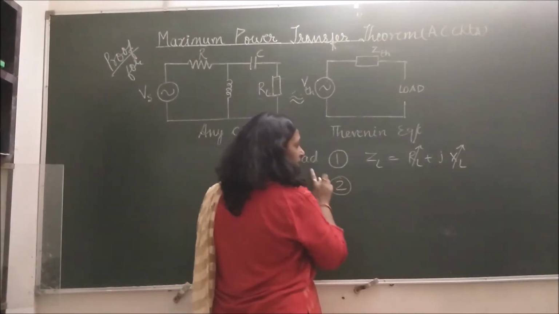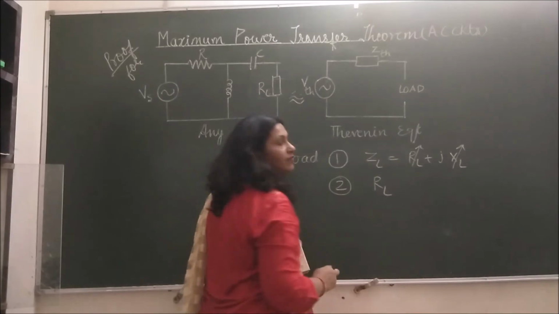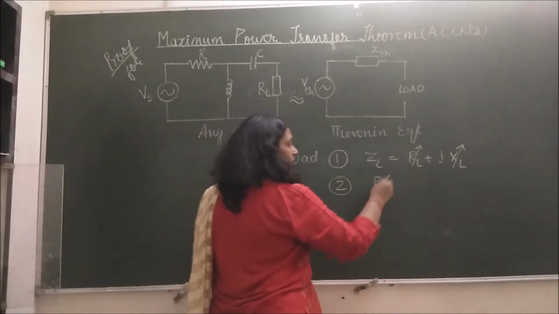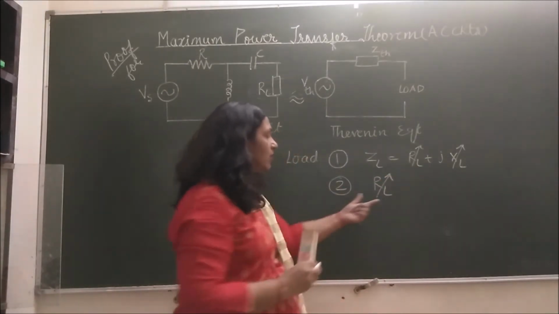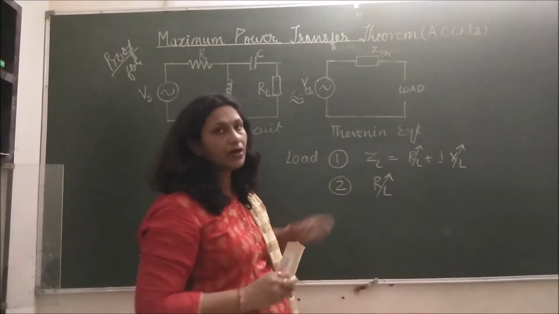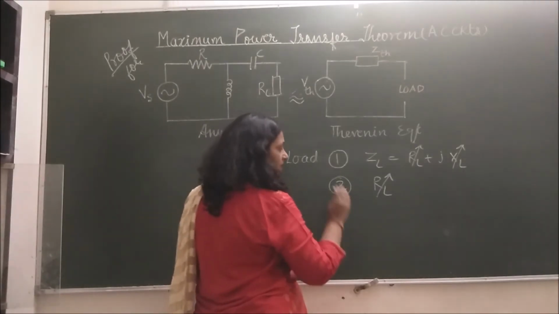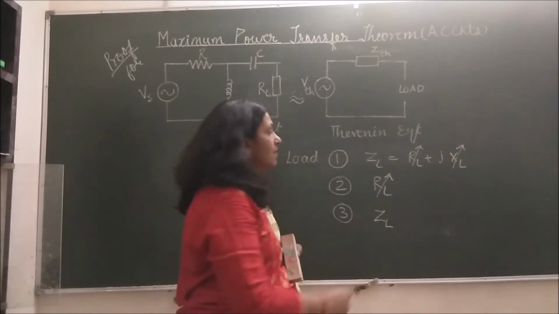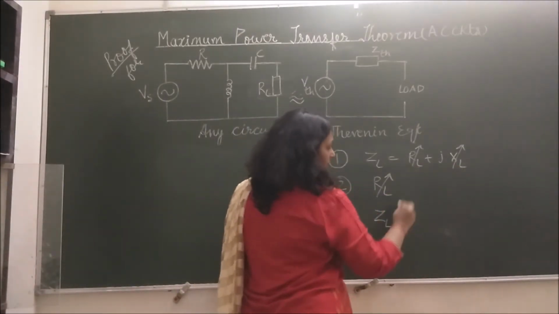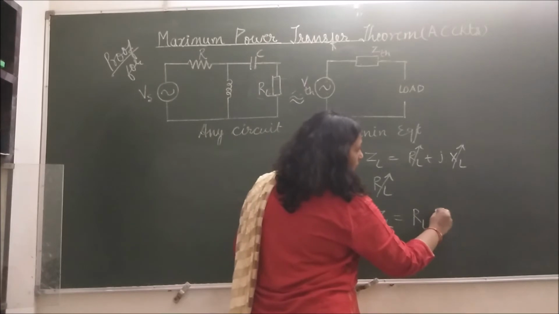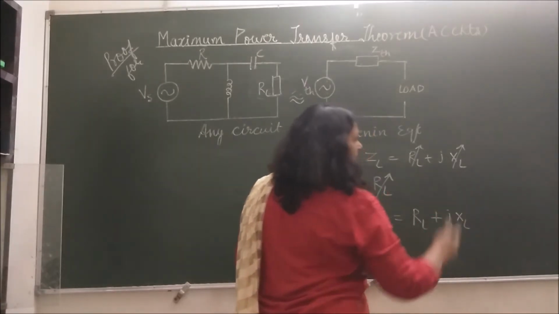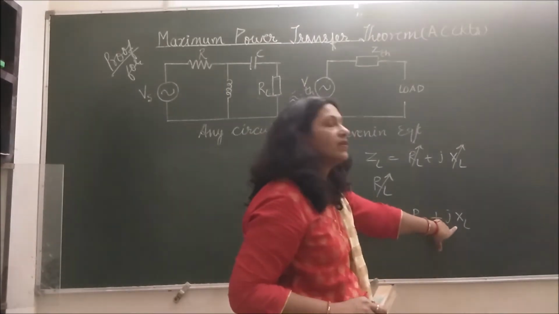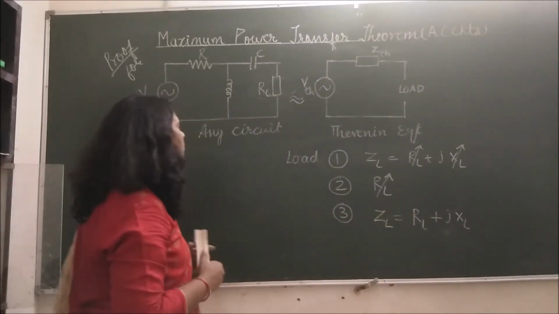Second, when this load is a resistive element, RL, which is variable, and we have to find the value of RL so that it can draw the maximum power. In the third case, again there is ZL, but at a time only one is varying, either RL or jXL. When RL is varying, XL will be fixed, and the same for the other.